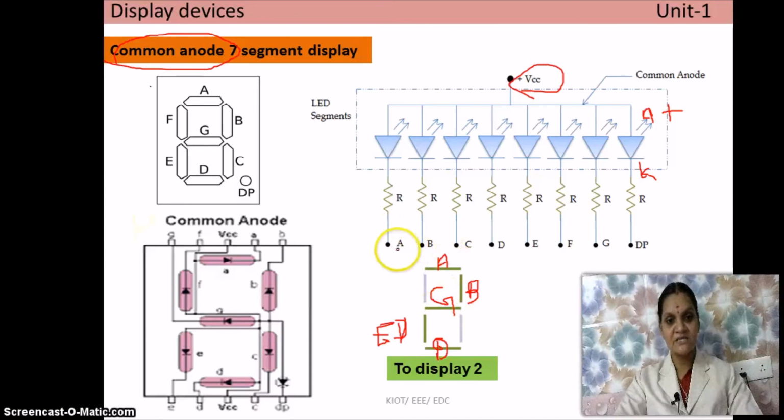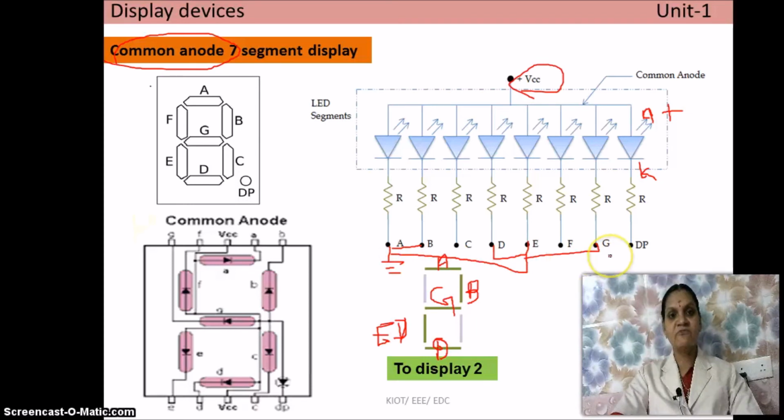That means these segments need to be connected to ground. This is grounded, and B terminal is also grounded. Again D, E and G. All these are connected to ground. If we give a connection like this, we can display a digit 2 using a 7 segment display.